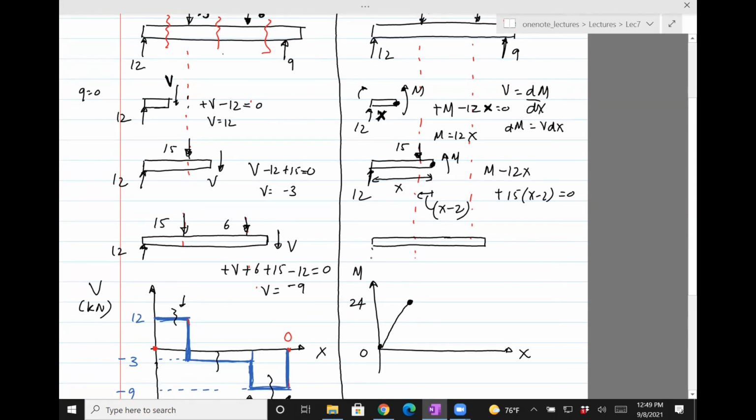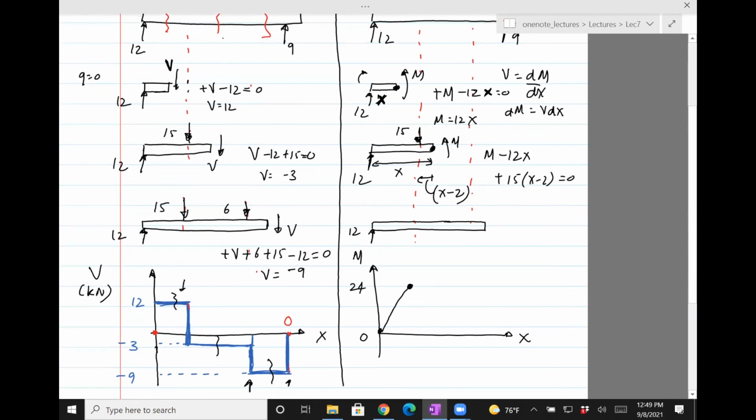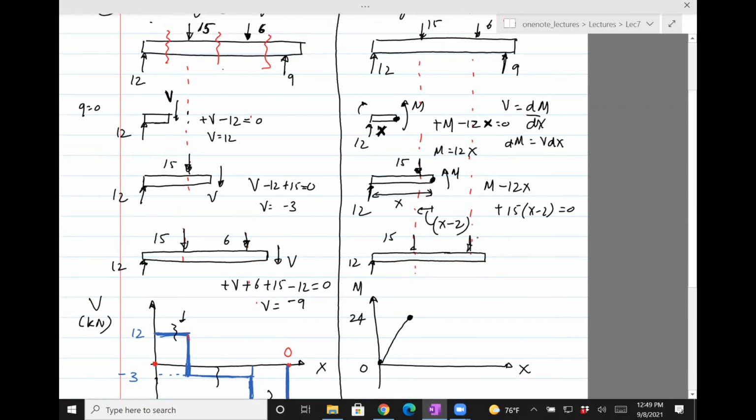Okay, let me write the equation for this, and then I would like you to fill in the dots. I'll draw the bending moment diagram, but I want you to figure out this yourself, but I'll put the equations down. So here is 12, 15, and then 6.